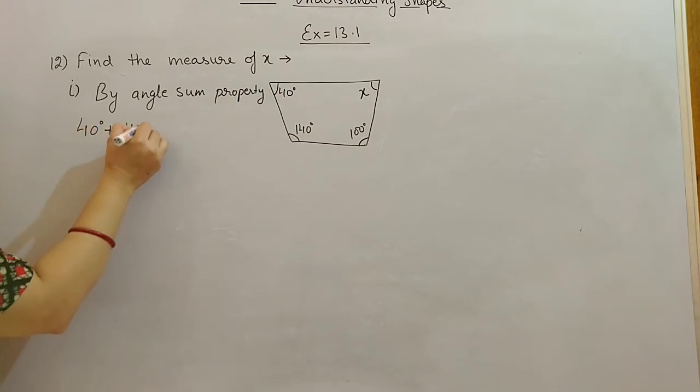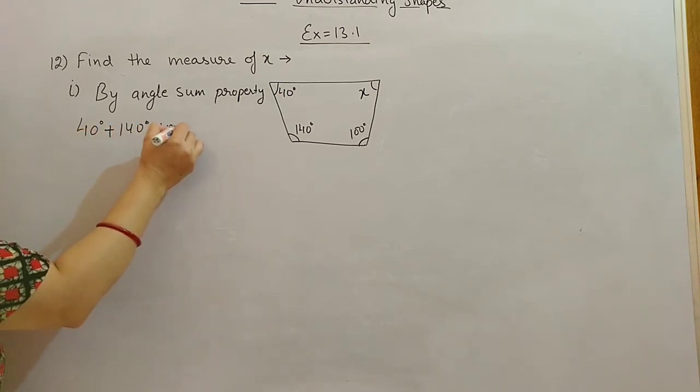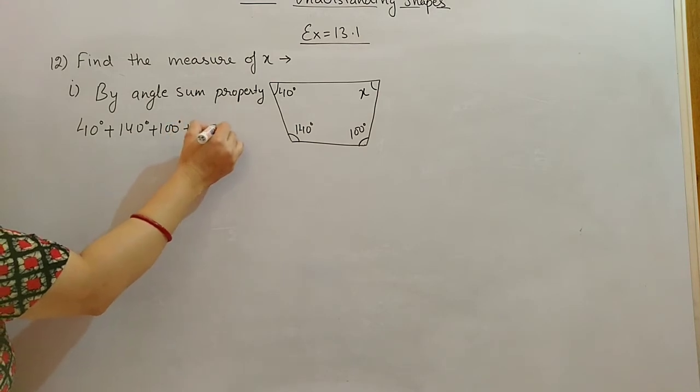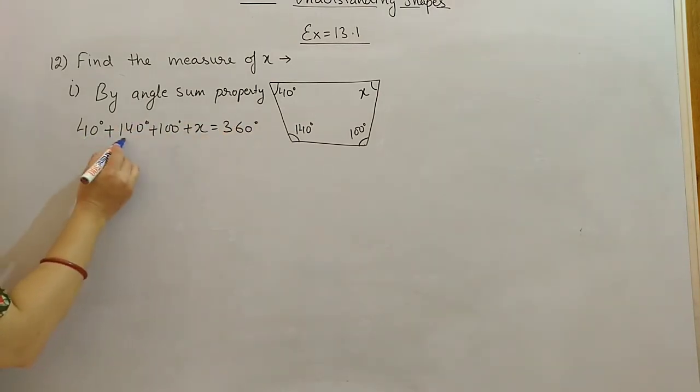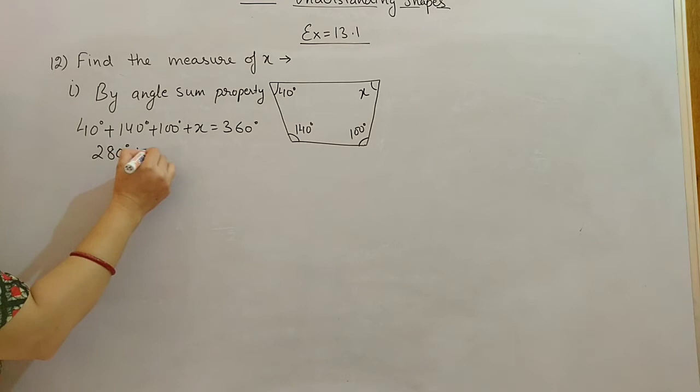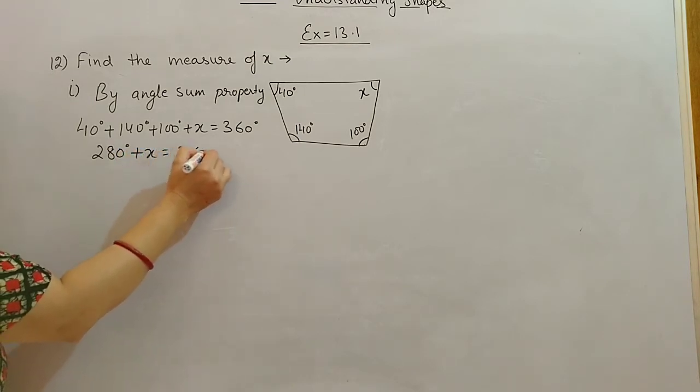So 40 plus 140 plus 100 plus x is equal to 360 degrees. We add 40 plus 140, 180, plus 100, 280, plus x is equal to 360 degrees.